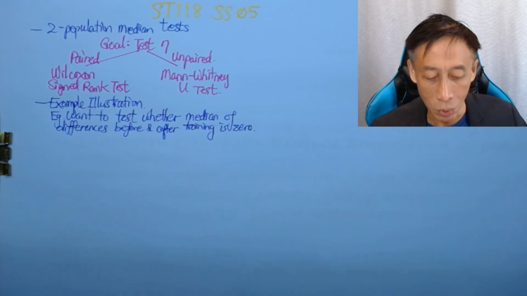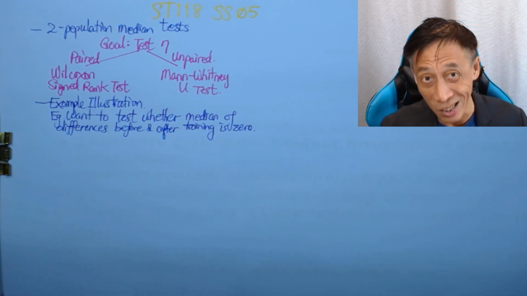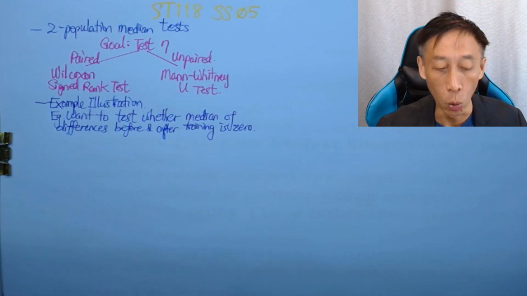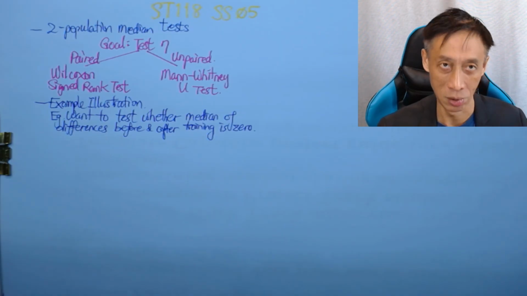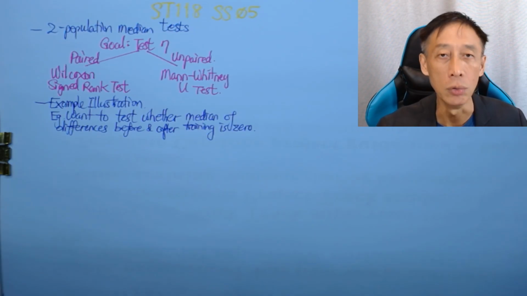So it can be generously applied to many situations when we need to compare. Remember, the goal of two population means tests, and in this case medians tests, is to compare two items, two entities, two products, two models, two whatever.